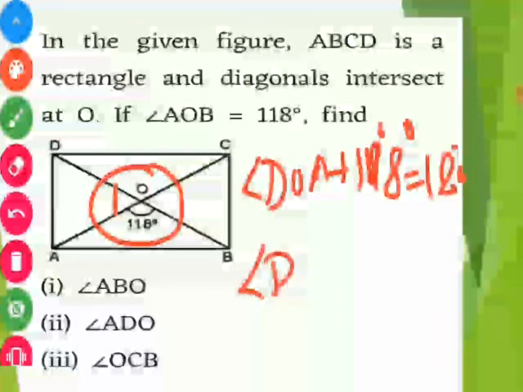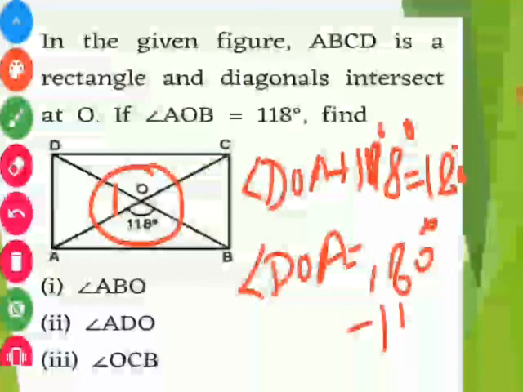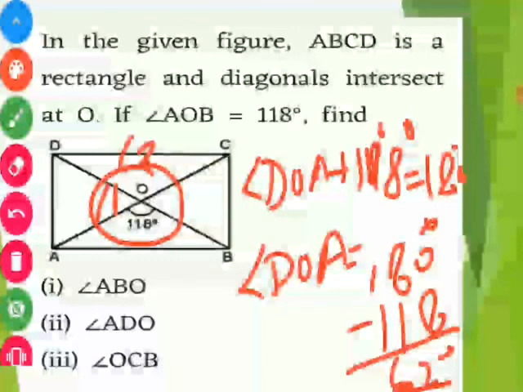Therefore angle DOA will be equal to 180 degrees minus 118 degrees. This will provide you 62 degrees. So that means this angle is 62 degrees.